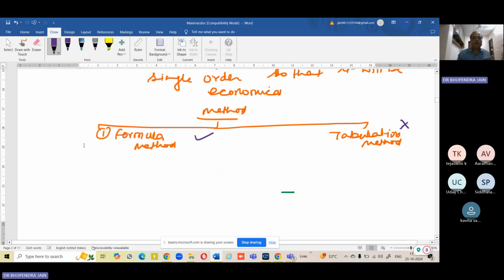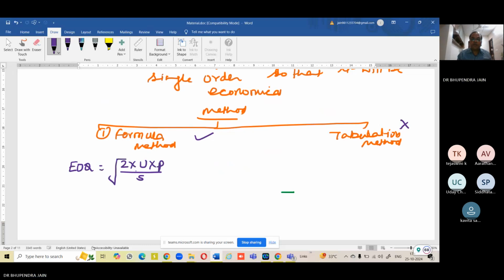So what is the formula of economic order quantity? The formula is the square root of 2 into U into P upon S, whole under root.